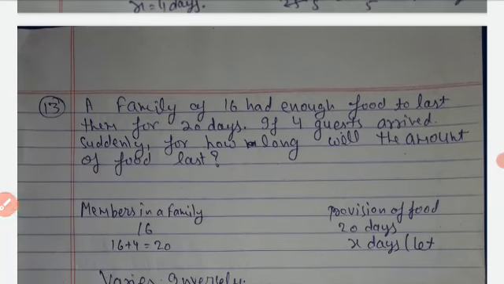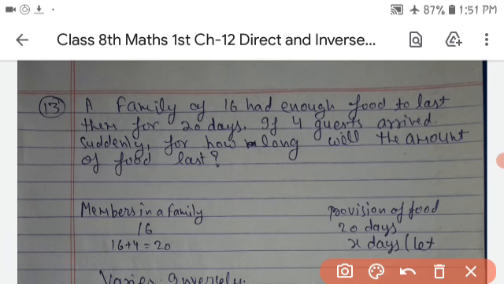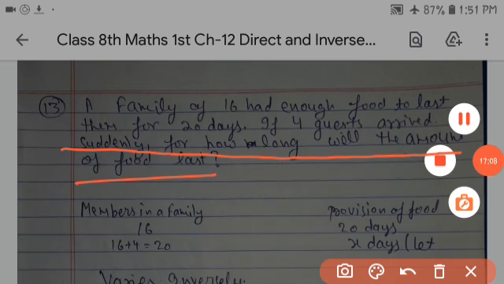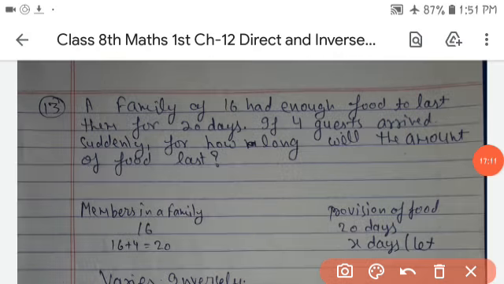Question 13. A family of 16 had enough food to last them for 20 days. If 4 guests arrived suddenly, how long will the amount of food last? The number of members of the family is 16 and the provision of food is for 20 days. Now 16 plus 4, because 4 guests have arrived.